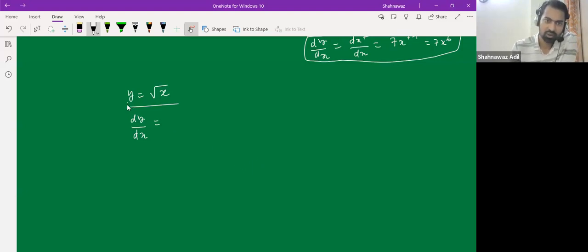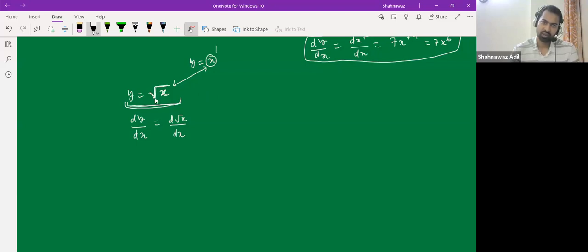So yes, Amna. What is the power of x here? If we have root, what is the power? If I have y equals x, the power is 1, so these are not the same.